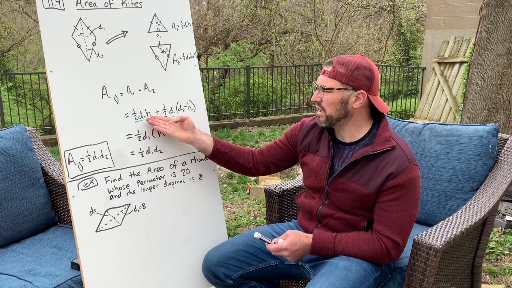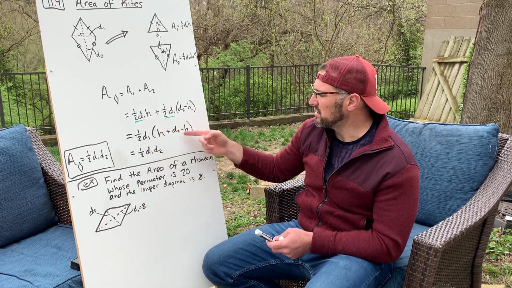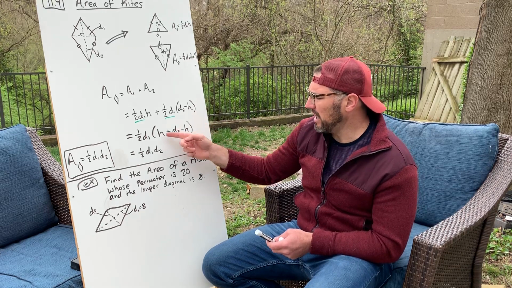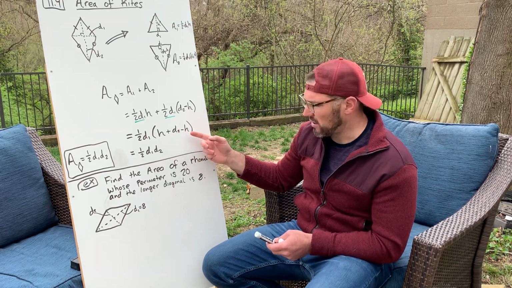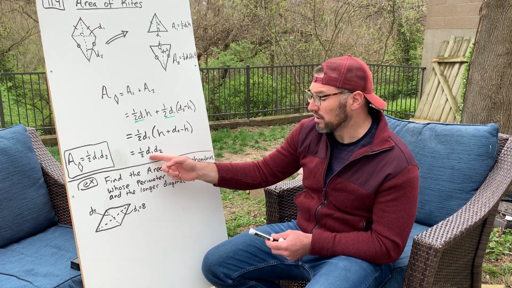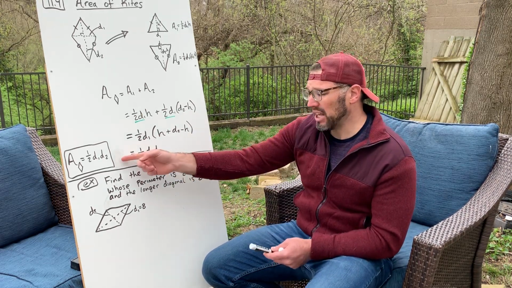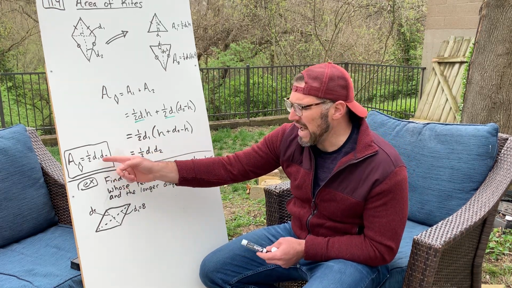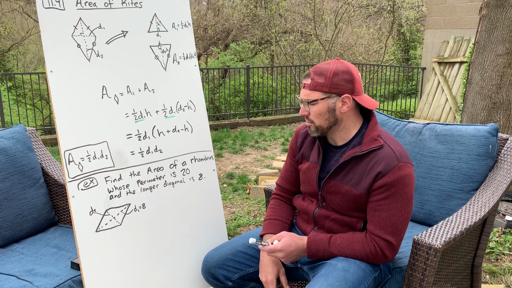What I'm left with is H plus D2 minus H. Notice H minus H is just 0, and so this simplifies into 1/2 diagonal 1 times diagonal 2, which is the area of a kite. It's just 1/2 the product of the diagonals.